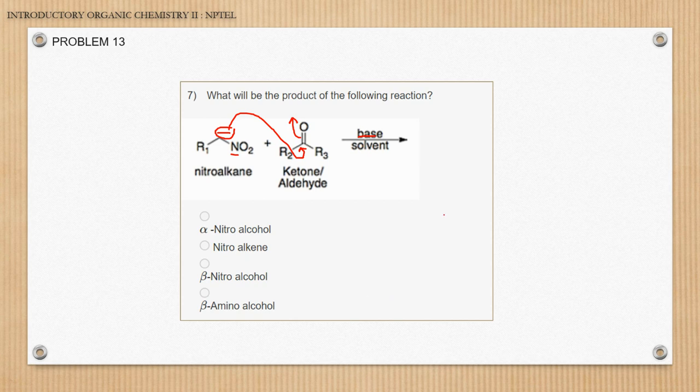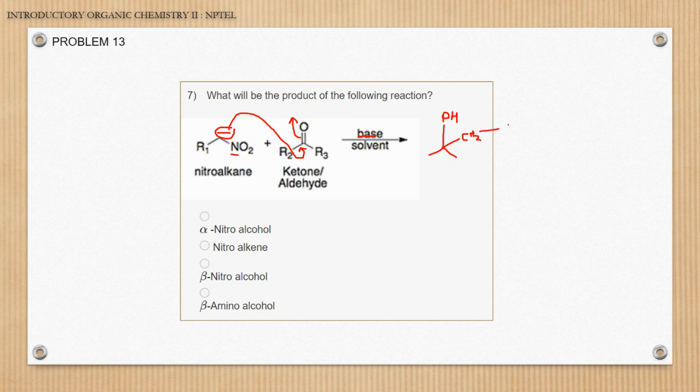So what you will get? Making things easy for you. Alpha nitro alcohol. Okay. So this is OH. In the same carbon you have CH2, right?